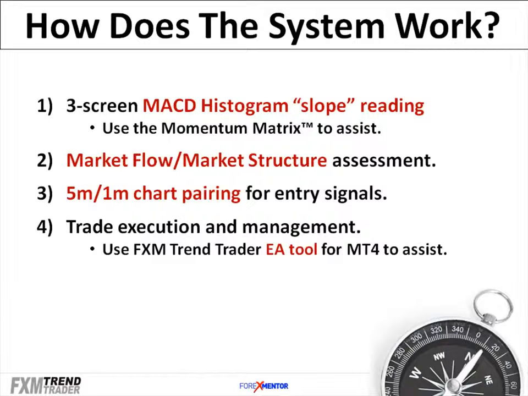But our EA tool semi-automates the process in that when you have found a continuation setup, such as the ones we publish every day in our daily market flow PDF report, which is available for members, or your own, when you have found that 3M slope reading and you don't want to hang around for a couple of hours waiting for a 1-minute crossover signal, you just flip the switch on the bias, short or long.